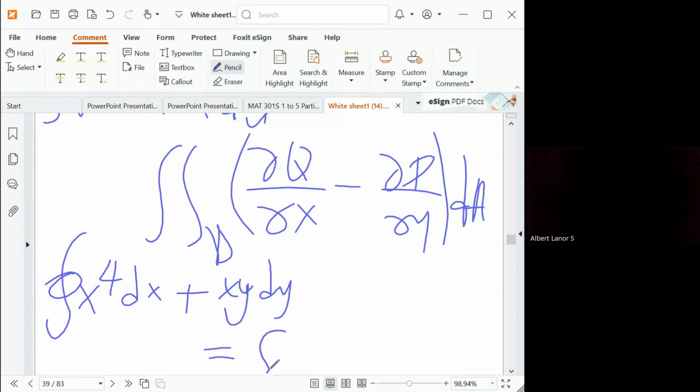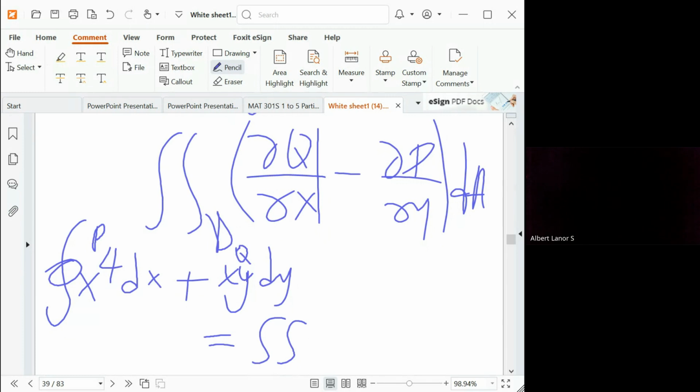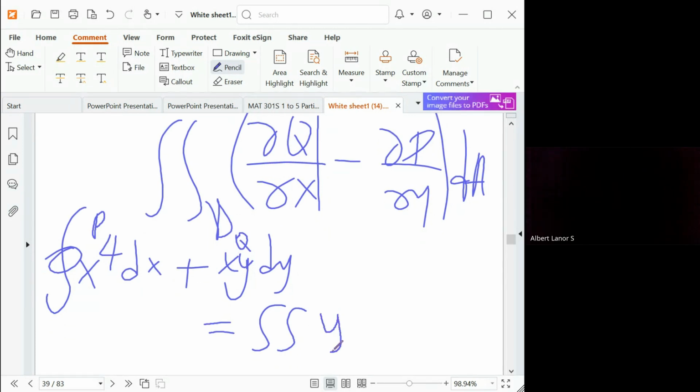So this will be equal to the double integral of, now when you differentiate Q with respect to x, you have y, minus, then you differentiate the P with respect to y.